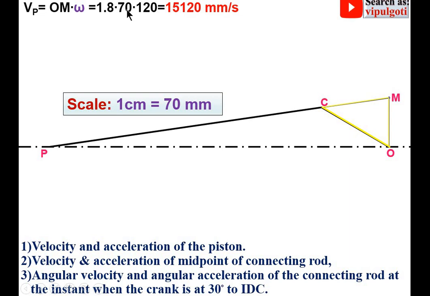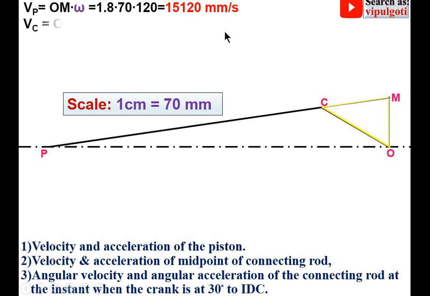That's why your unit is mm, and multiplied by omega, that is given to you as 120. If you simplify, then you will get 15120 mm per second. So this is your first answer, velocity of piston.